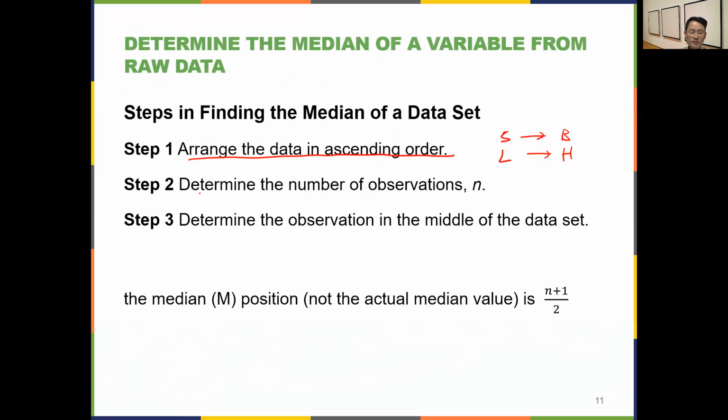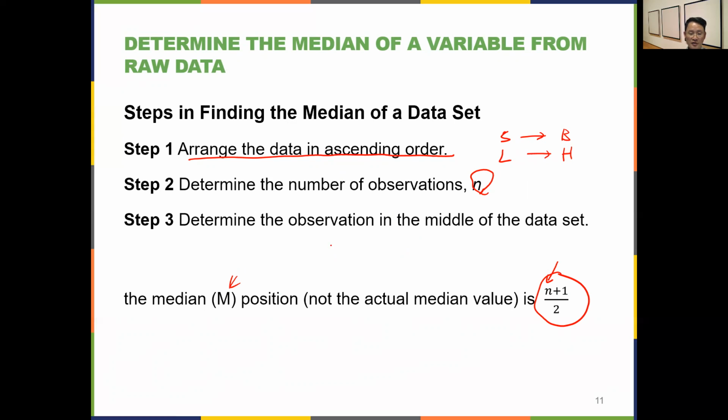Then determine the number of observations, the data size, and figure out the middle value. The position of that M is the total number of data points plus 1, divided by 2. That's the position of the middle value.